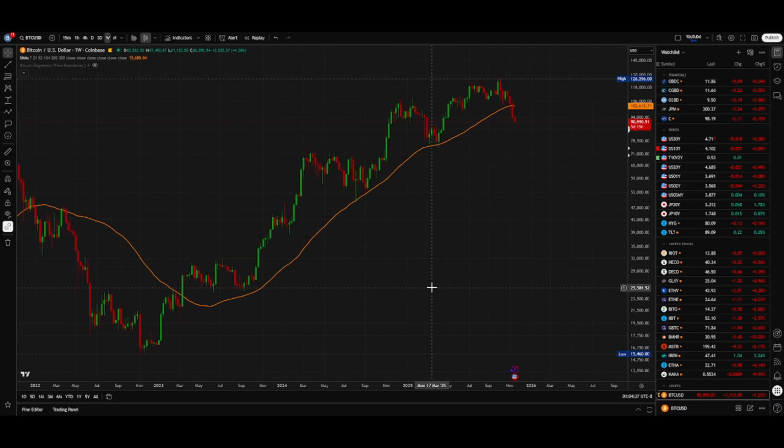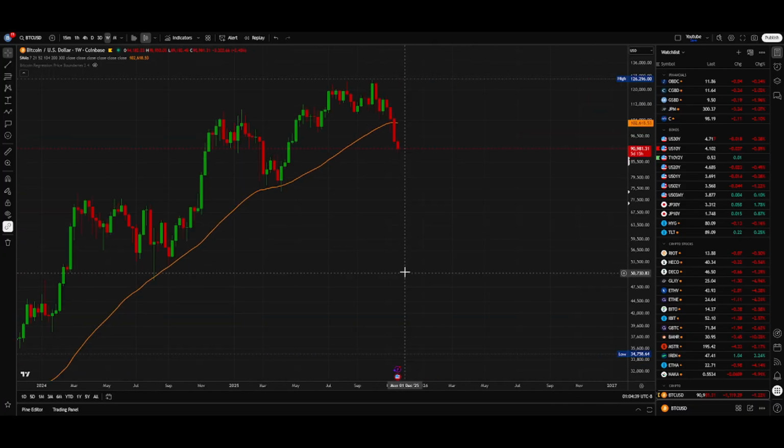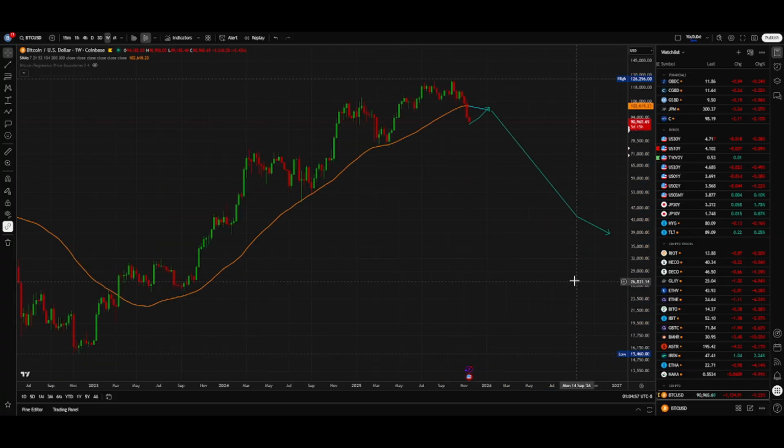So from a weekly moving average perspective here, right? The bear case is, are you just going to set a low and then get rejected around 100K and then just dip off to the downside, right? Is that what's going to happen?